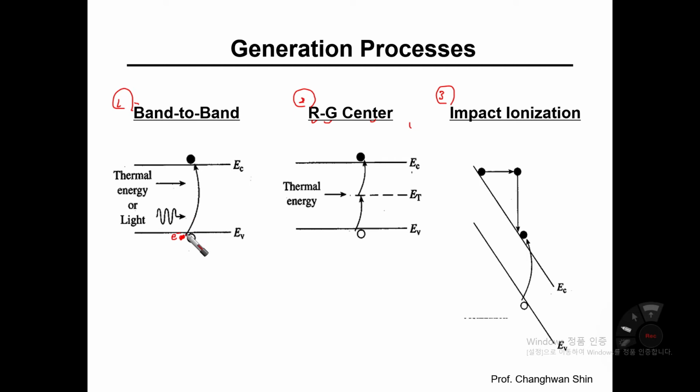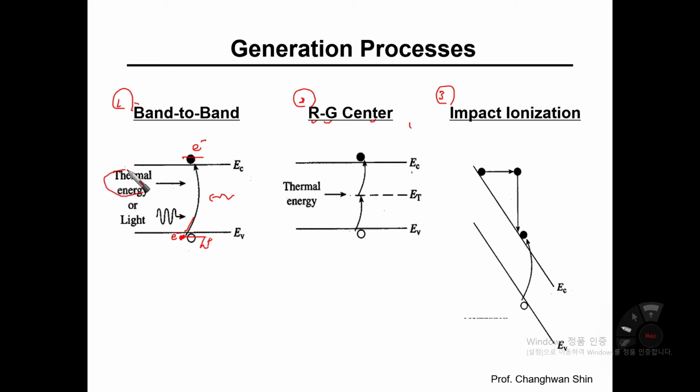Because of thermal energy coming from outside, the electron is excited to a much higher energy level, way higher than its original energy state. So because of the thermal energy, electrons can be excited into a higher energy state, so that a free electron and a free hole, two carriers, are created in pairs.